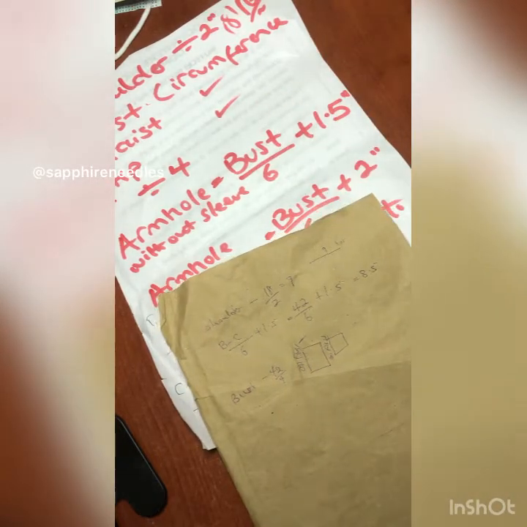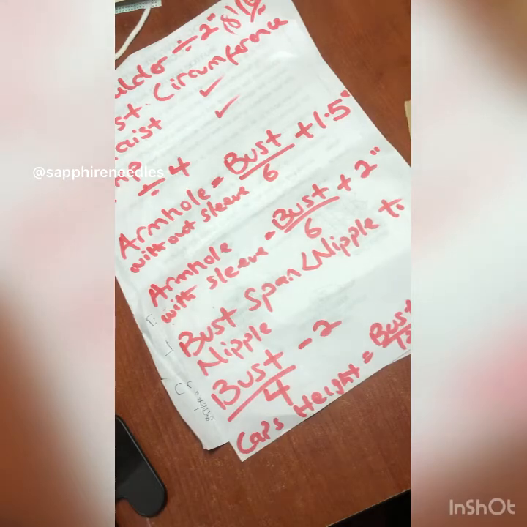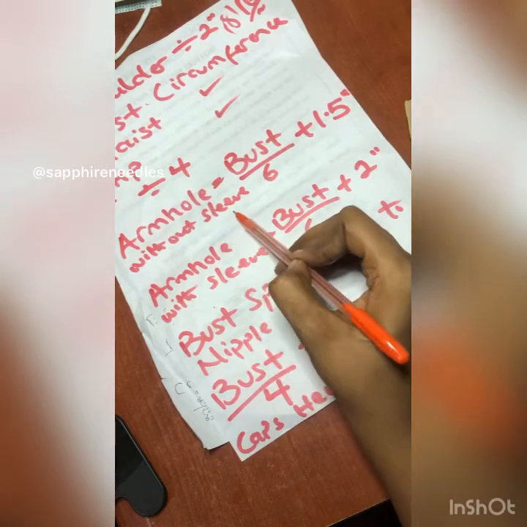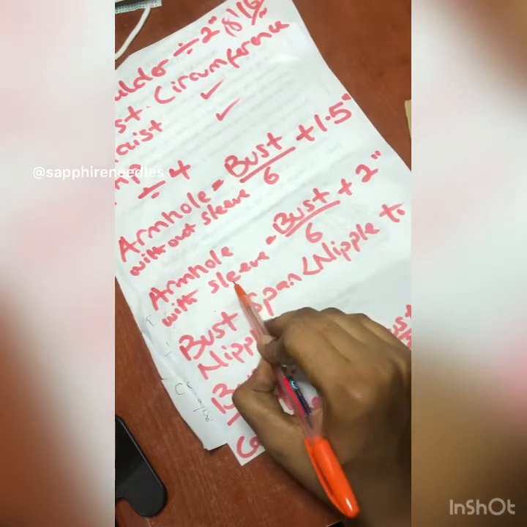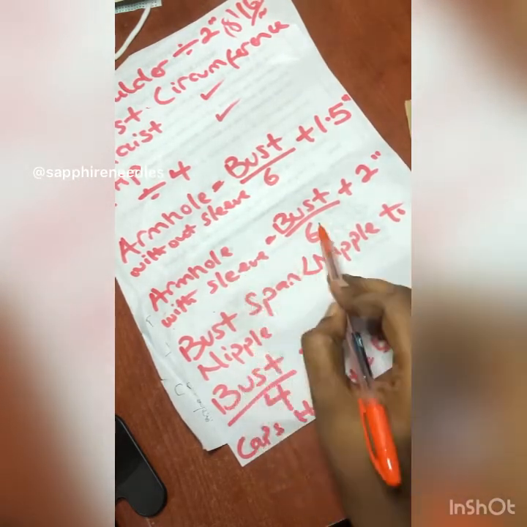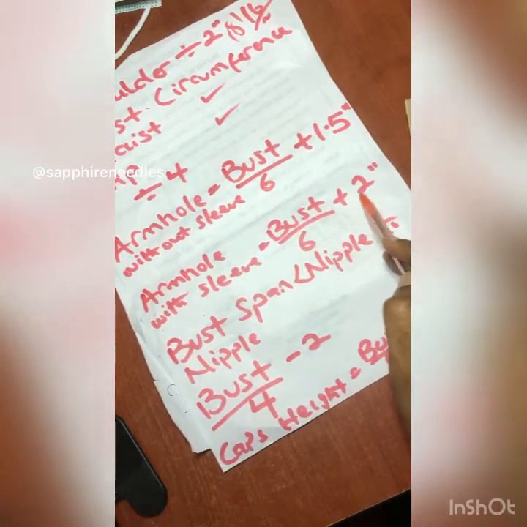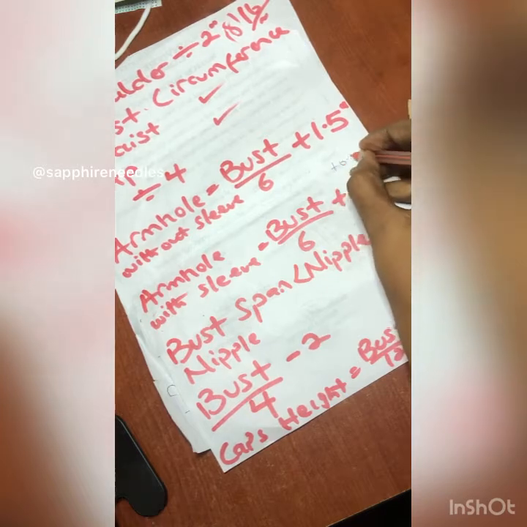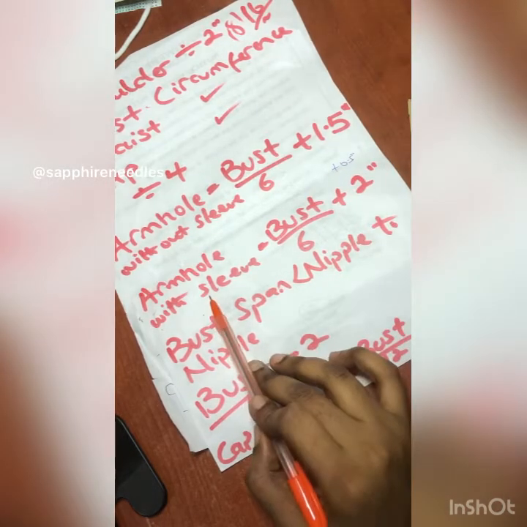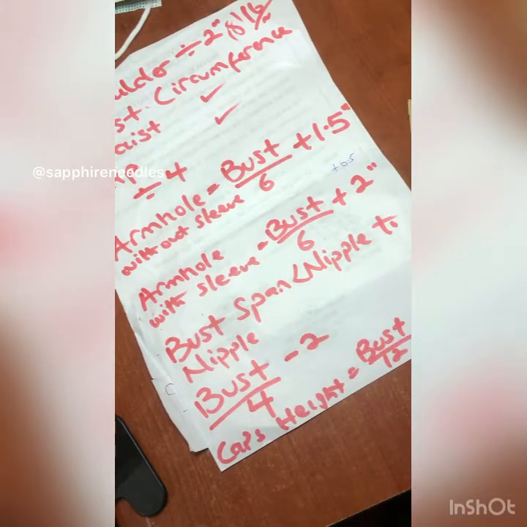No need to be saying, oh, raise your hand, let me put the tape around your arm, or making your client uncomfortable. Life is not that deep. That's without a sleeve. But with a sleeve, because you're going to be attaching a sleeve, you need ease. So instead of using 1.5, you'll be using 2. That's an additional 0.5, because you're adding a sleeve for easy movement of the arm.